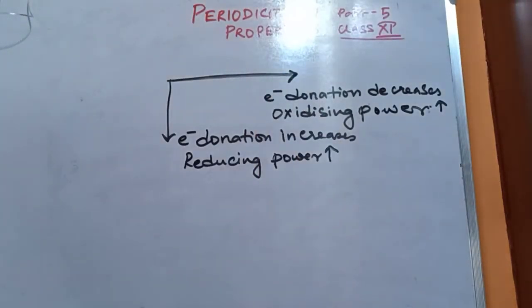Okay, so this is about oxidizing and reducing character across the period and down the group.